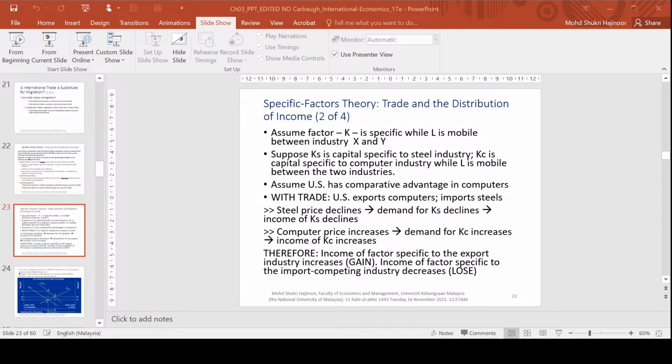So when the steel price declines, the demand for capital specific to steel declines. As a result, income for those who own the capital specific to steel, which is KS, declines.